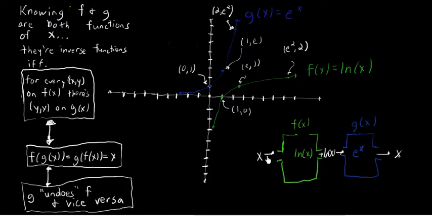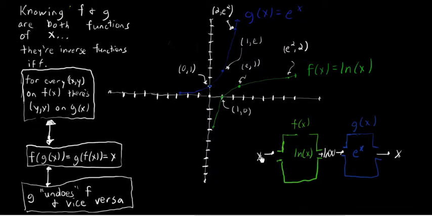Now let's look at it another way. You input an x into f and you get a value for y. And what would be y on f of x, you input as x into g of x, and you'll get a new y. And this will hold true for any x that you input into this sequence of functions here.